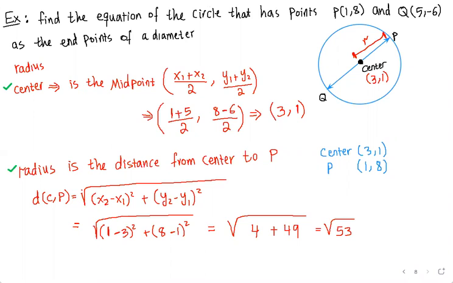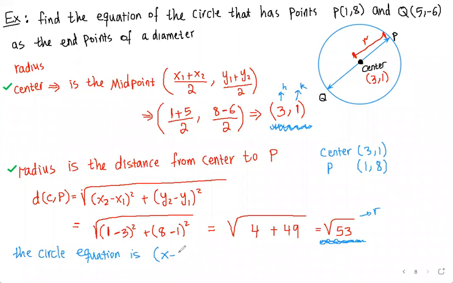So now you use these two things, and you plug inside the formula for the circle equation. So the circle equation now is x minus h, this is my h here, and this is my k, and this is r.